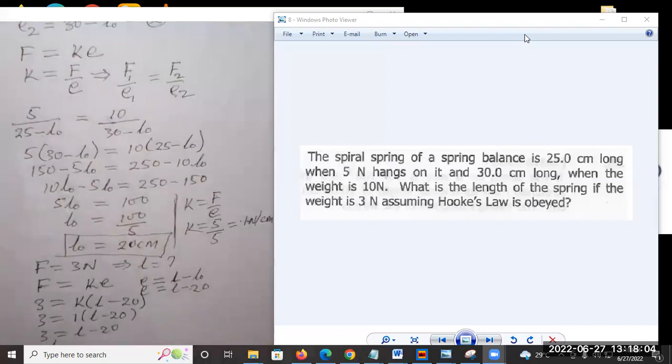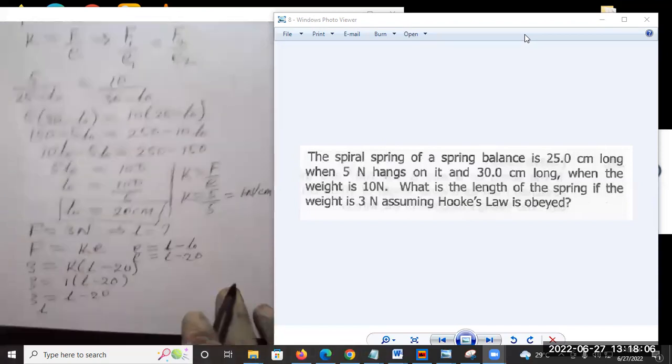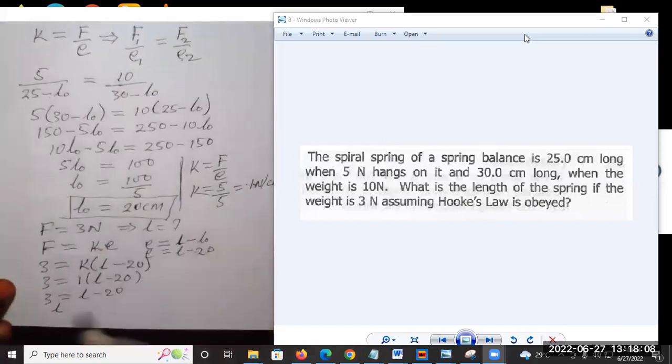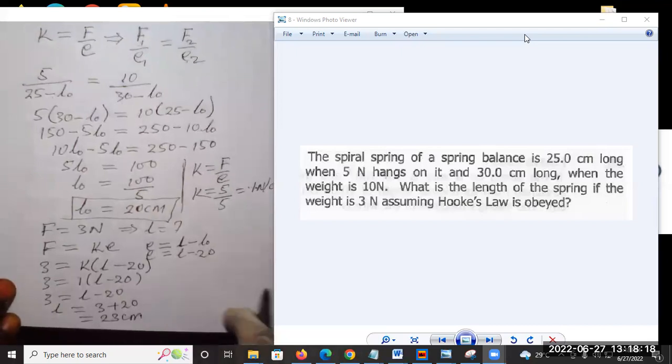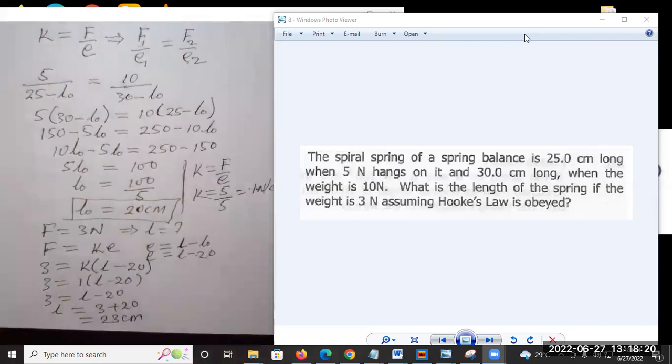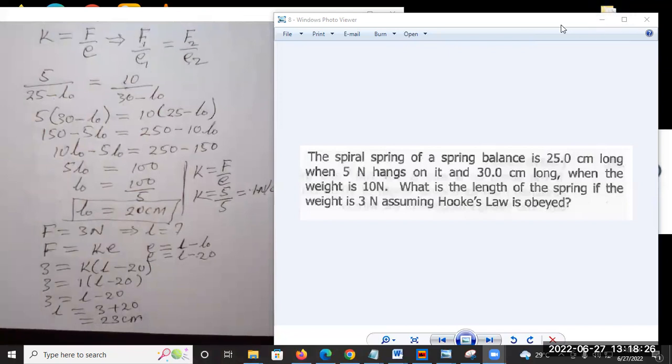Making L the subject of the formula, we have 3 plus 20, which gives us 23 cm. So in this question, the length is 23 cm for 3 Newton weight. That's the answer.